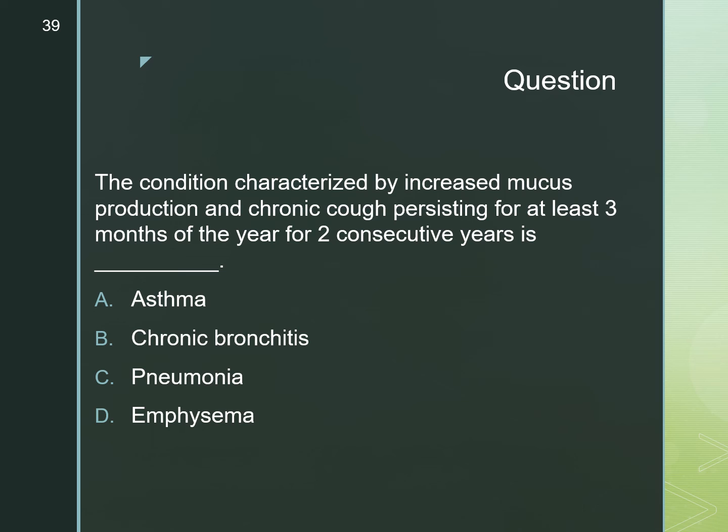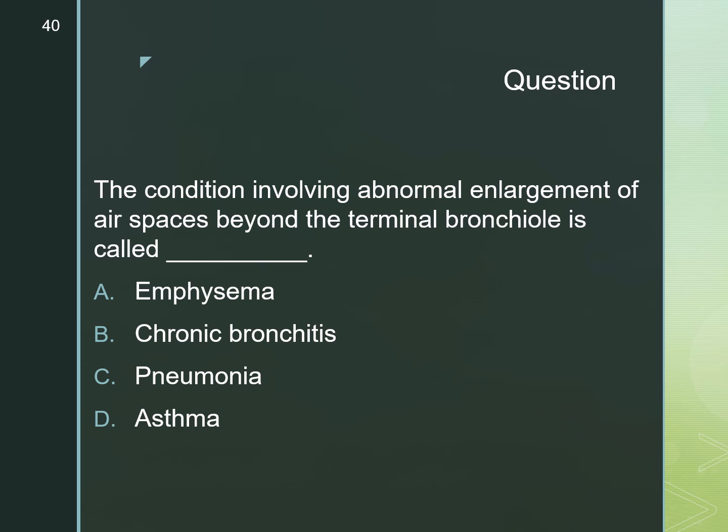The condition characterized by increased mucus production and chronic cough persisting for at least 3 months of the year for 2 consecutive years is, this is the definition of chronic bronchitis. The condition involving abnormal enlargement of air spaces beyond the terminal bronchiole is called, this is emphysema.